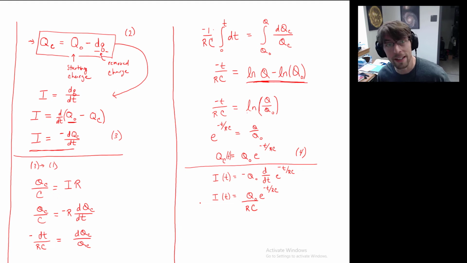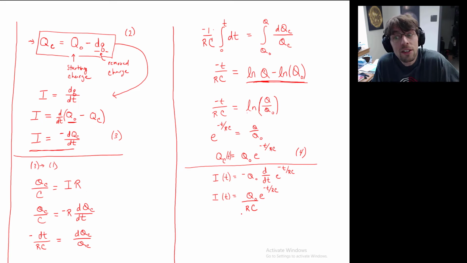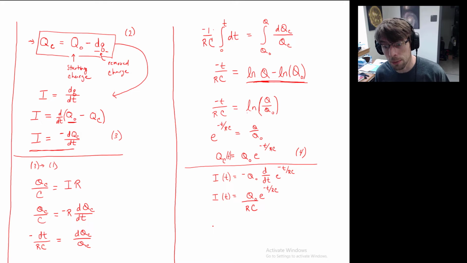Boom! We've got it. Of course, if you really wanted to, Q naught over C, that was the initial potential difference across the capacitor plate. So we could even go further.